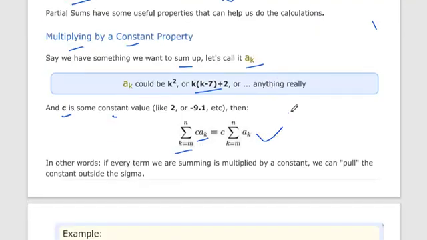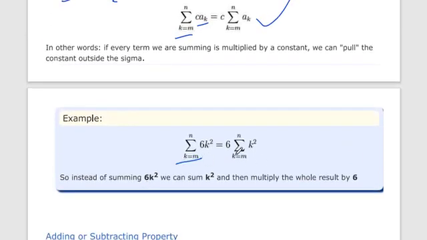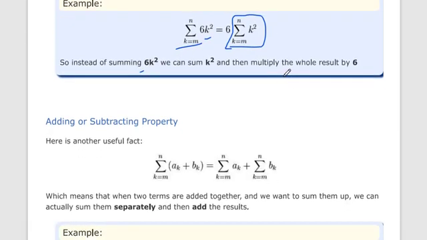They have given an example also: the sum of 6k square from k equals m to n. We can take 6 common out and only add the k squares, and it becomes much easier. After that we can multiply with the 6.